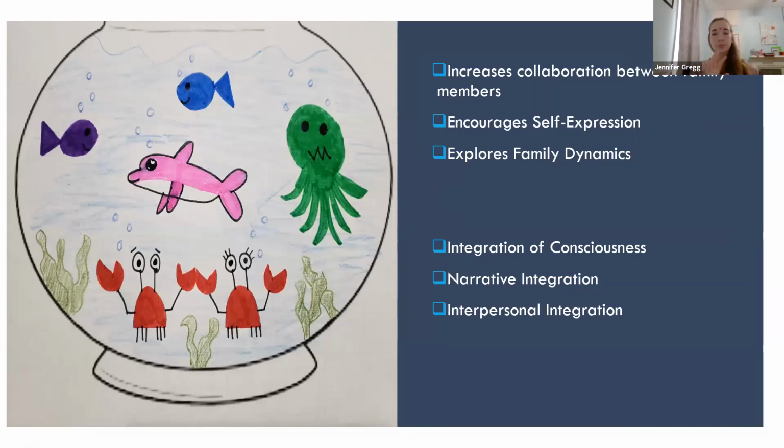Take a minute and think to yourself, how might you interpret this if you see this? What might the crab mean to you as an outsider? They're at the bottom of the bowl. And then you've got this octopus that seems to be pretty angry, or maybe has a worried face going on. What might that represent?